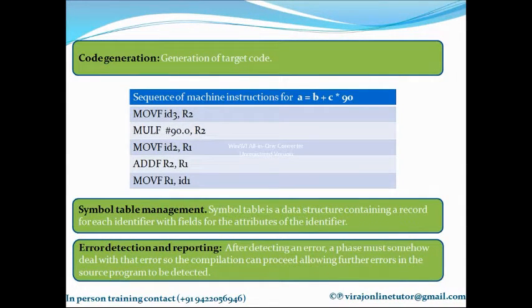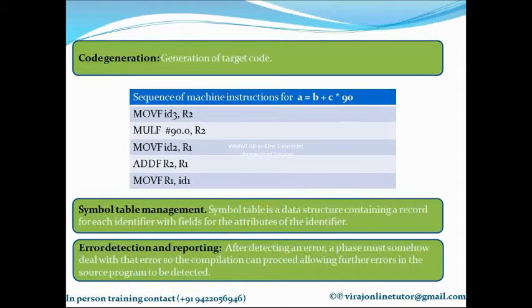So the essential function of a compiler is to record the identifiers which are used in your source program and collect the information about various attributes of each identifier. The compiler is going to collect the identifier information and save it into the symbol table.